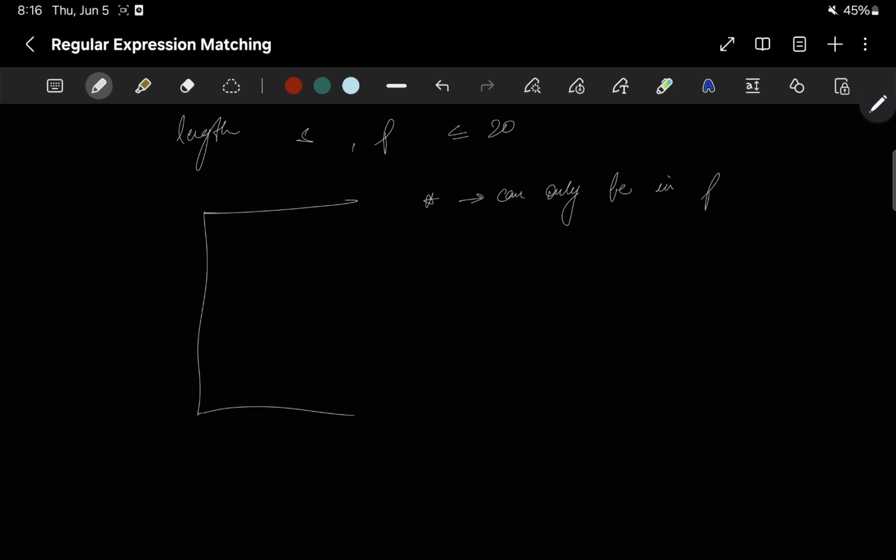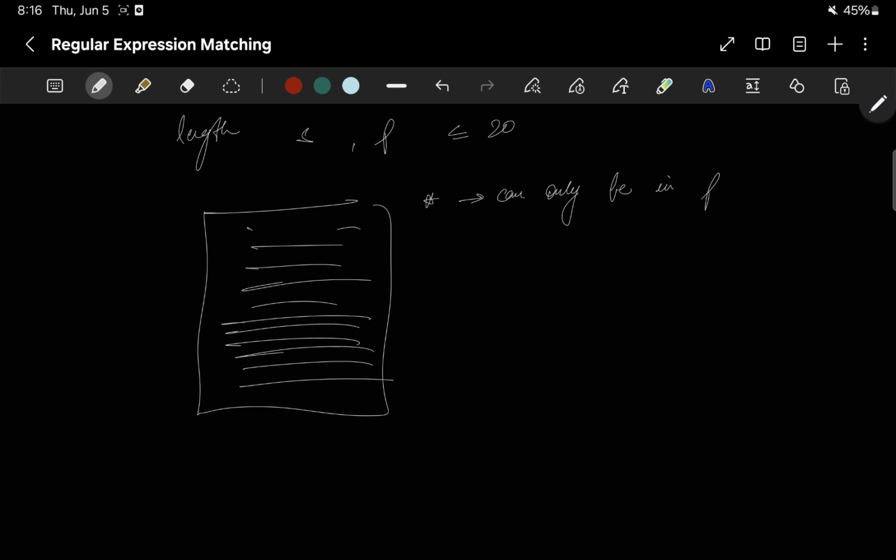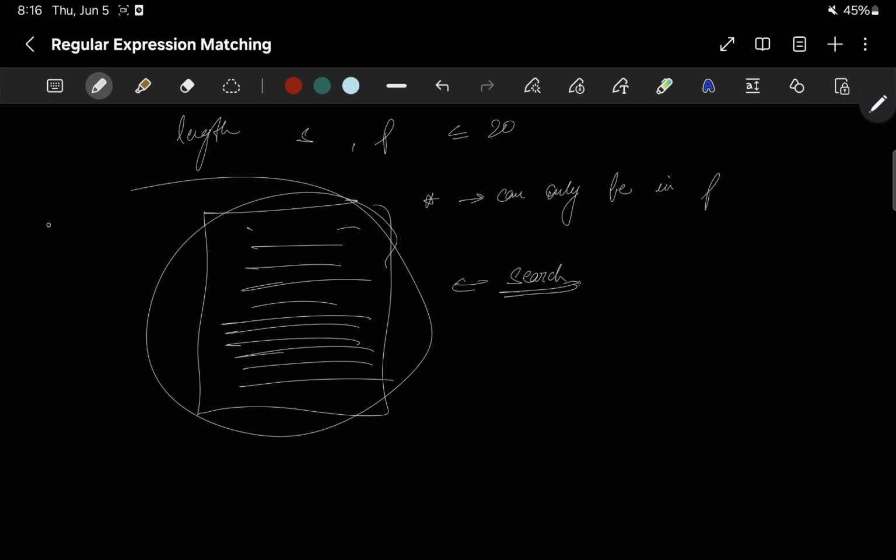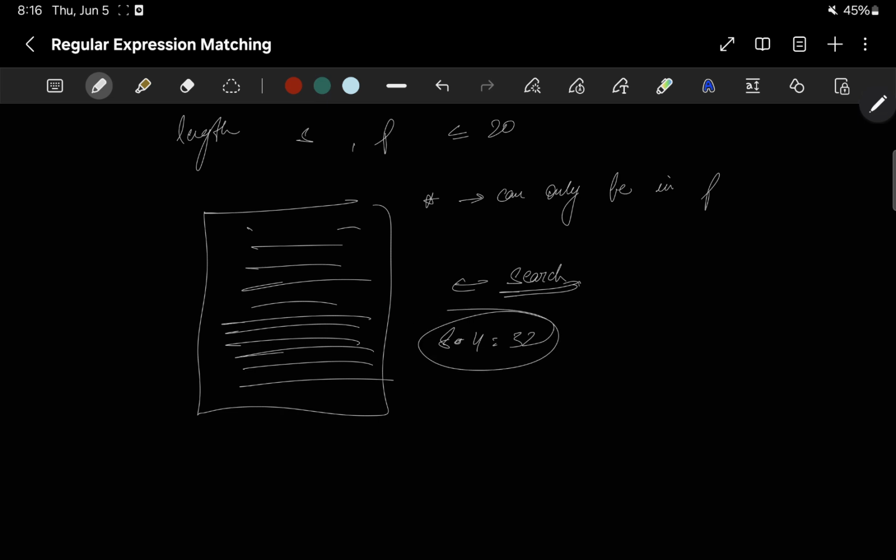So you have a document in which you have fully formed sentences, and then you do a regular expression search, right? When you do search, that's when you use regular expression matching, P star, X star, anything. This document does not contain star. It can contain it, but that would be a character, like 8 star 4, which is 32 multiplication.